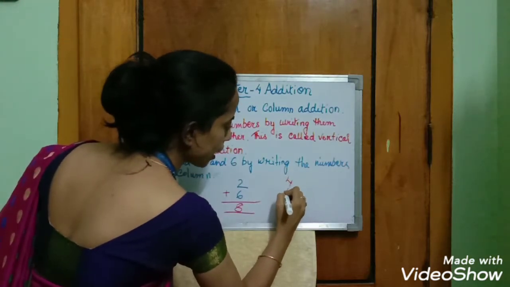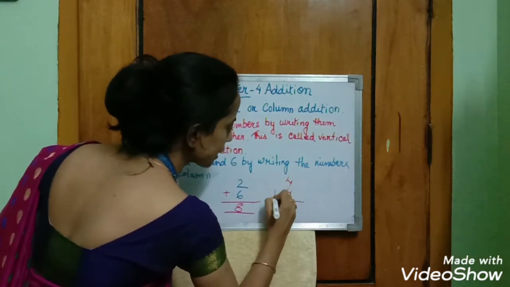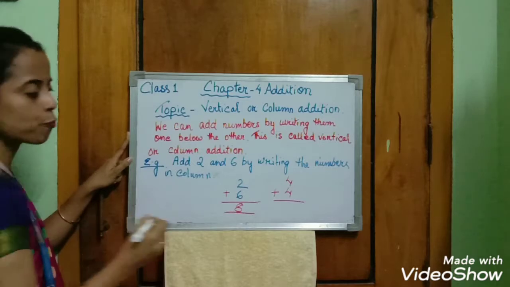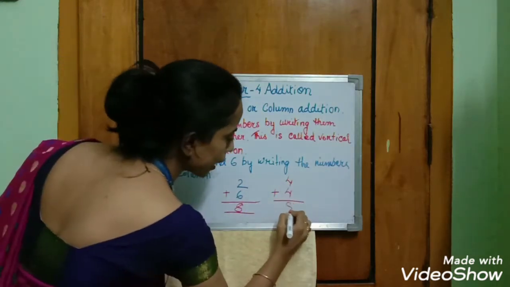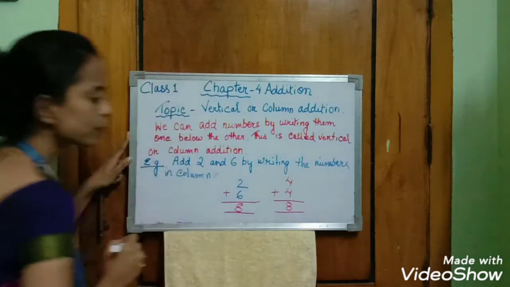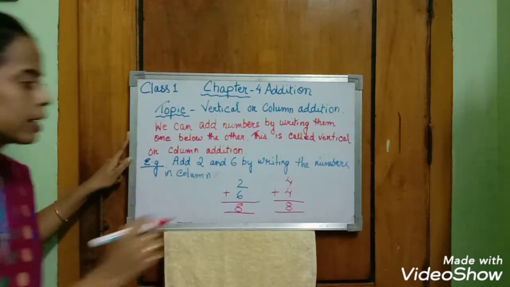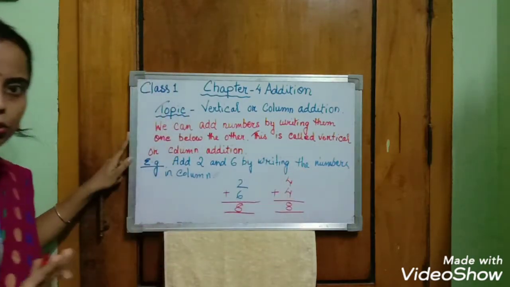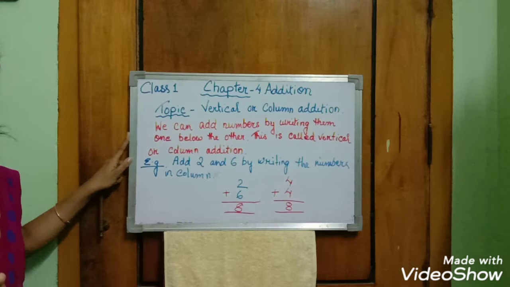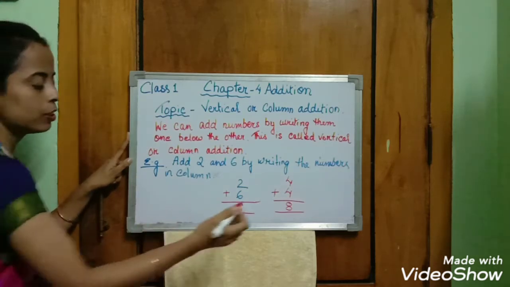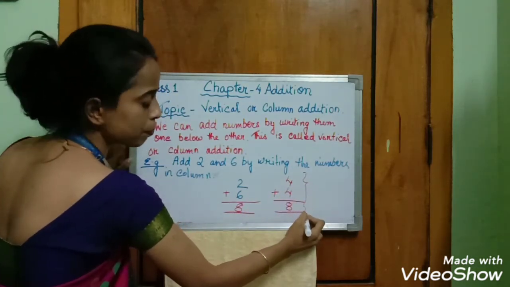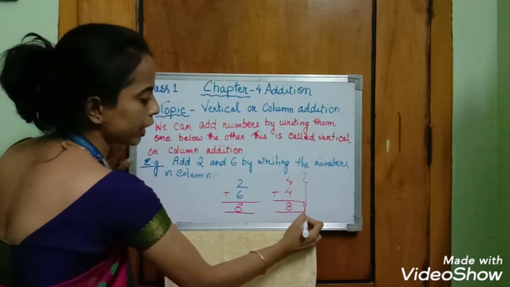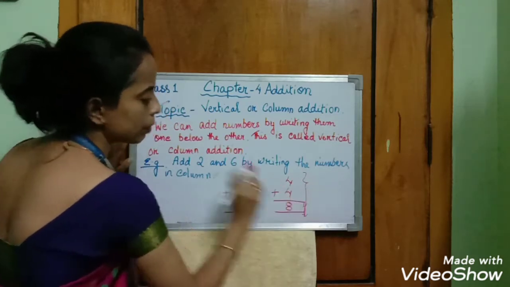So 4 plus 4 comes 8. Understood now column addition or vertical addition? The method of writing the numbers in this way we call vertical or column addition.